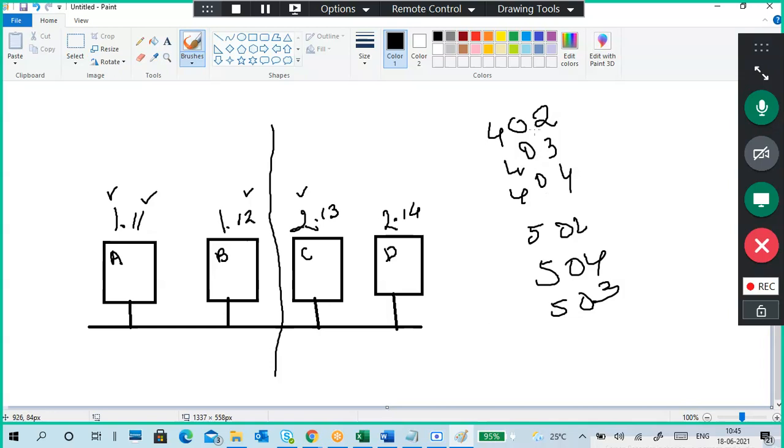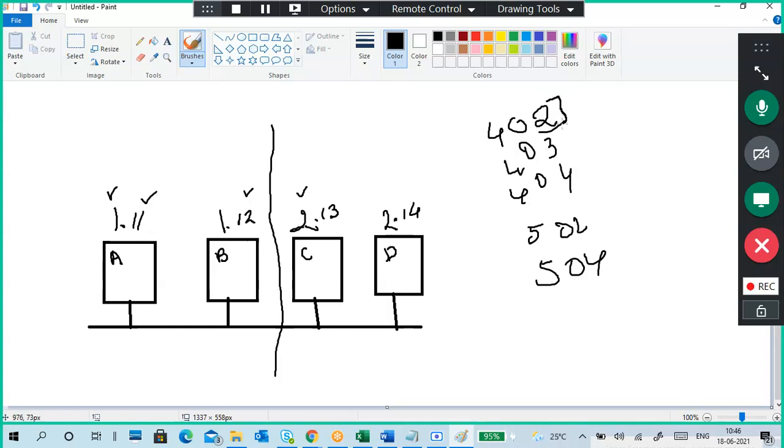What does it represent? This belongs to a different branch. This belongs to a different branch. Same thing, roll number. If you are in the same classroom, is it required to call you 401, 402, 403? 1, 2, 3, 4 is also okay just to identify.